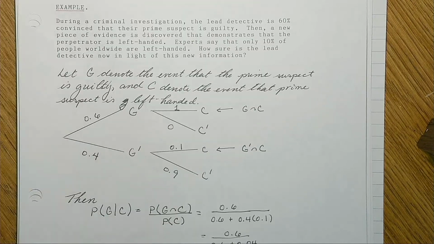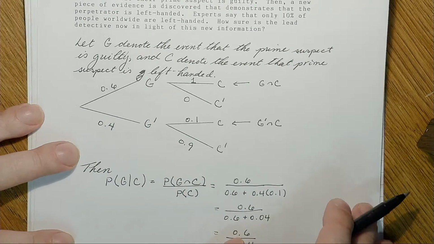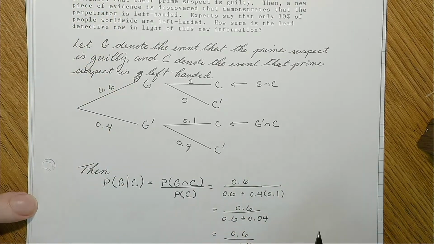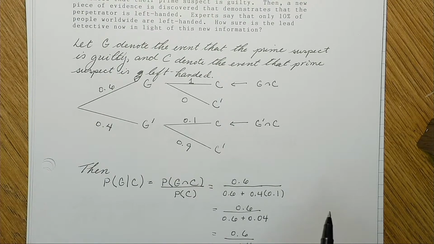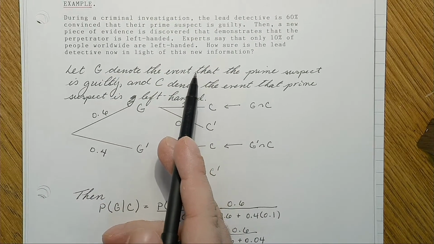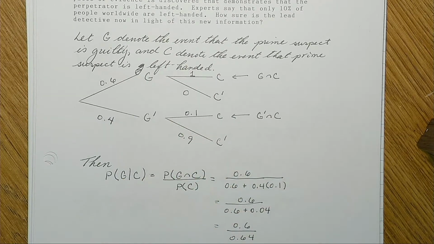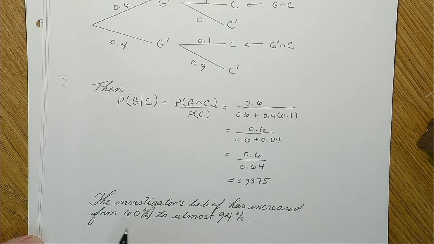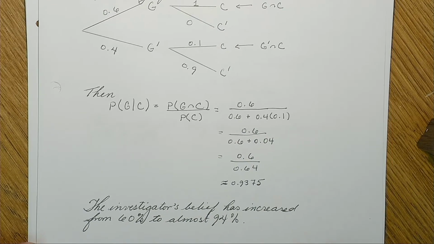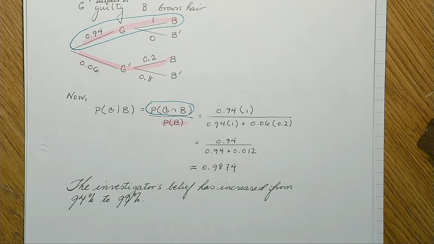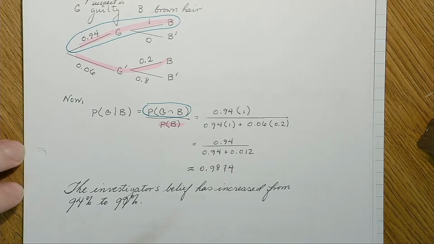We looked at an example where, given new information, the subjective probability of someone can change in light of new evidence. So in this case, we had a lead detective looking at a suspect, seeing new evidence, and their belief increasing from 60 to 94% with new evidence. And similarly, as more comes in, it just seems to increase.